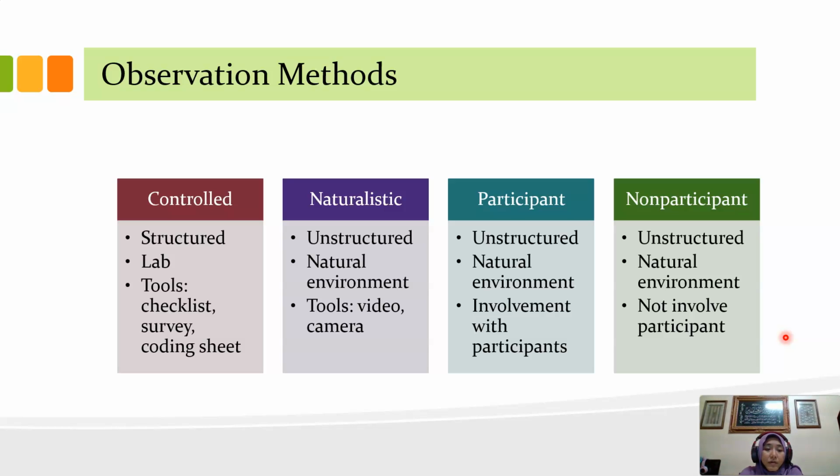An example of controlled observation is when you want to observe students' participation during the class session. You can use, for example, a checklist to record the student participation.